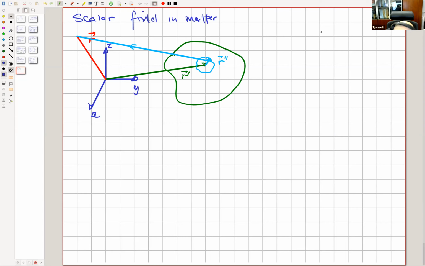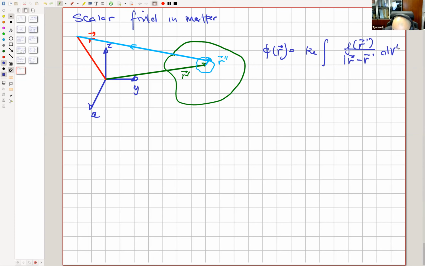Okay. What I want to consider is the following. Because we have the field of R equals K E integral, this is what we've seen before, 1 over R minus R prime dV prime.